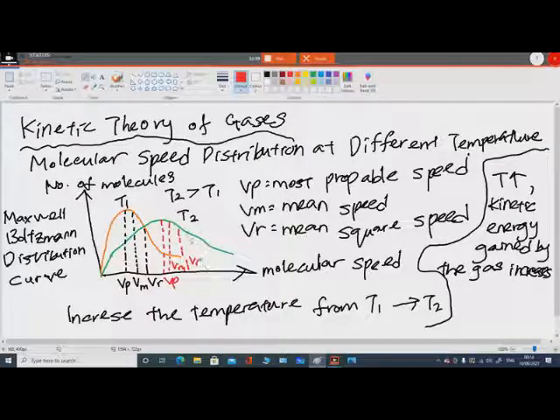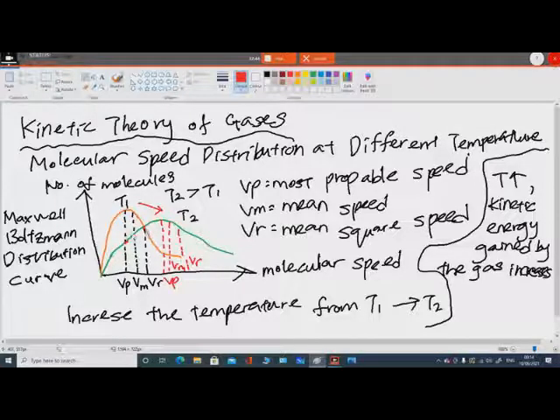So when the temperature increases from T1 to T2, the curve is actually flattened, so the number of molecules at this point will decrease.